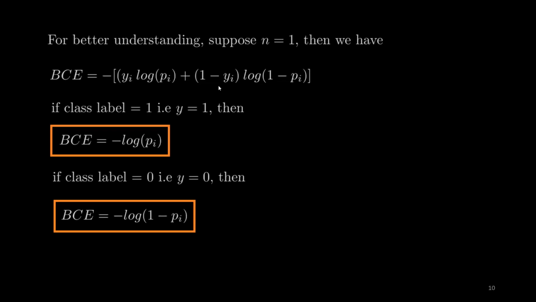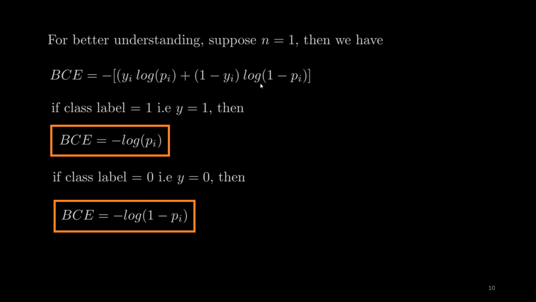Now, how is it happening? So basically, if your label is 1, because we are doing the binary classification, in that case, we have 2 labels, that is 0 and 1. So if your y is 1, if your label is 1, and if you put 1 in both of the terms where y is present, then the second term will be 0, because if I put y equal to 1 here, then 1 minus 1 is equal to 0.